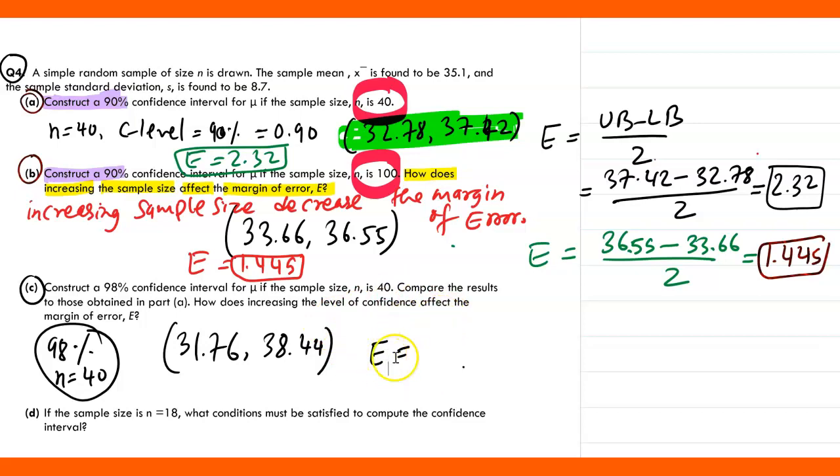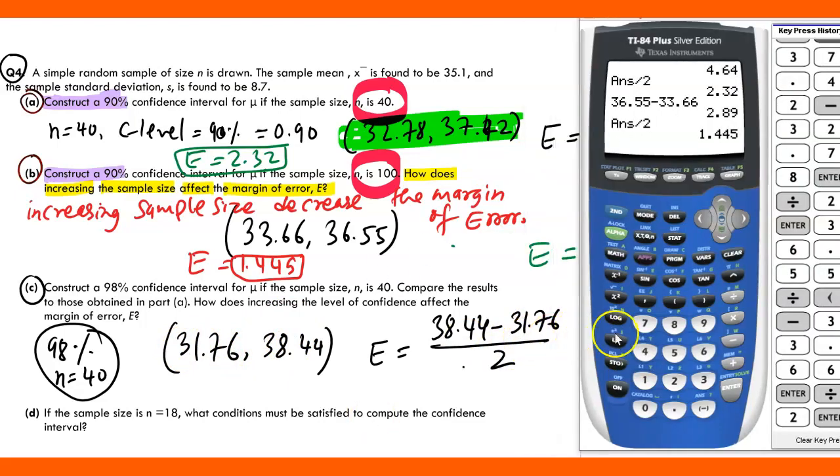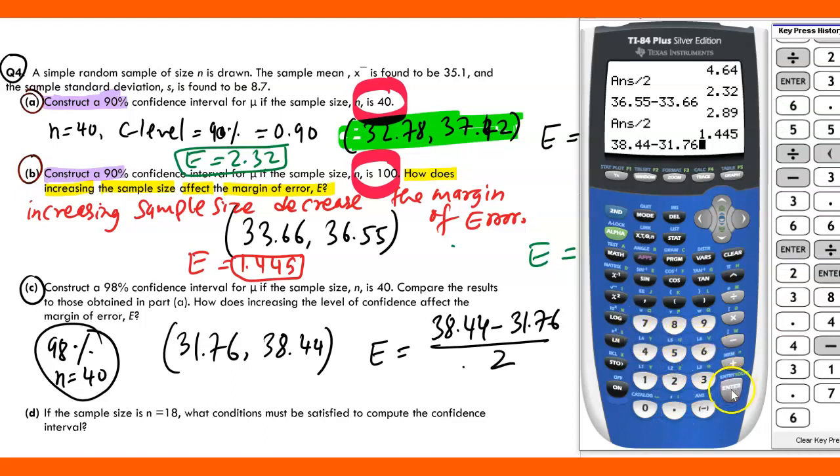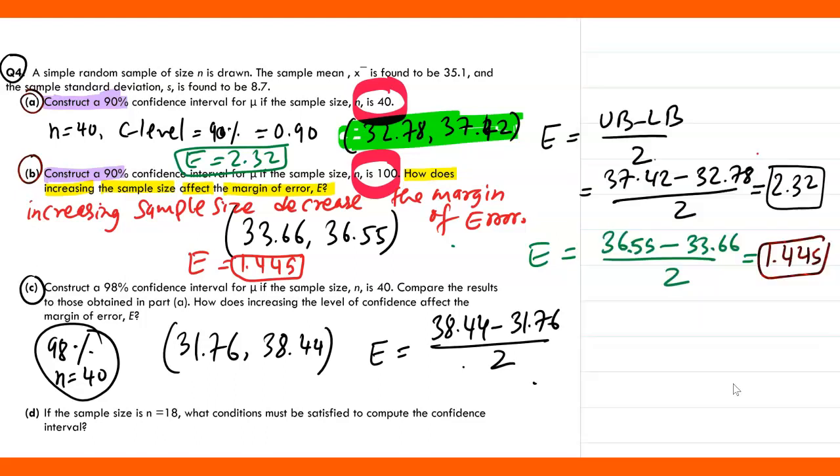I'm going to find the margin of error here as well: 38.44 minus 31.76 divided by 2. Again, the margin of error formula is upper bound minus lower bound divided by 2. Let me do that for you. 38.44 minus 31.76, divided by 2, you get 3.34. That's the margin of error.